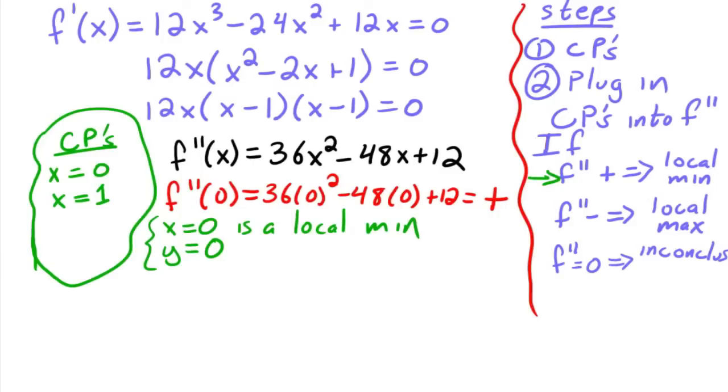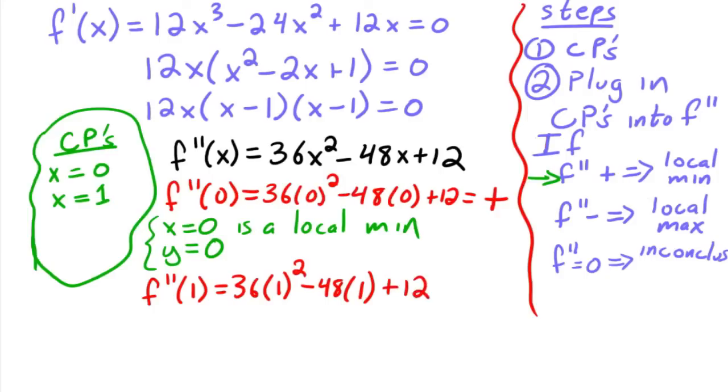Okay, and then if I plug in 1, f double prime at 1 is 36 times 1 squared minus 48 times 1 plus 12. And 36 minus 48 is negative 12, plus 12. Uh-oh, 0. Bummer.